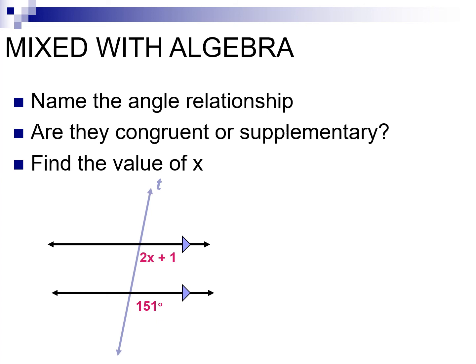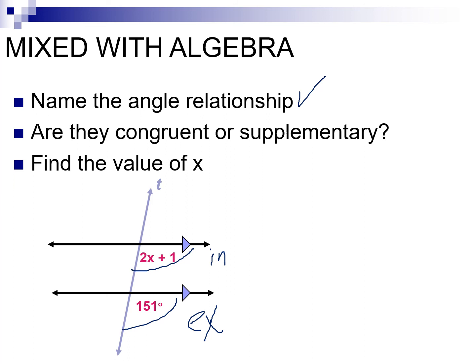Alright, come back. Now we got algebra to mix in with it. No big deal because we did a little algebra back with segment addition. Remember those? Alright, so the first thing you need to say is what kind of relationship is it? Look at the position of these two angles. Are they both interior? Are they both exterior? Nope. This one's interior. This one's exterior. So it can't be alternate interior. It can't be alternate exterior. If you're going to say interior, exterior, it has to be both of them.